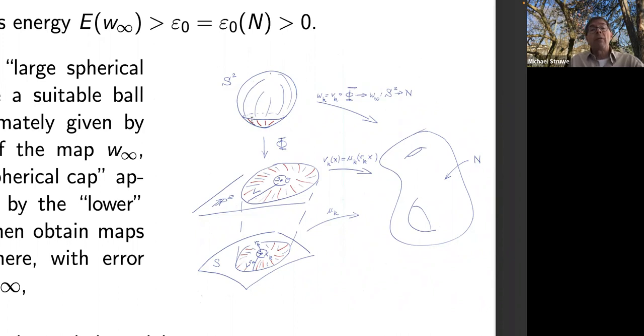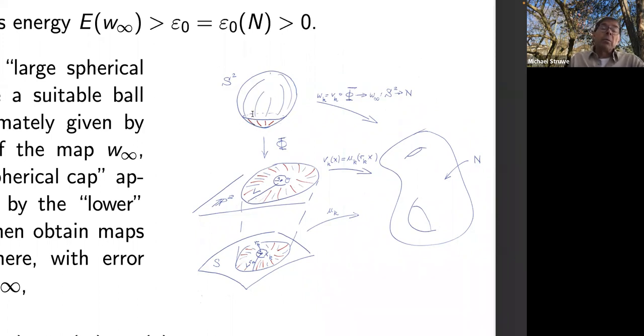So we now have this here as our domain of the map W infinity. And there is the blue part of the domain, which corresponds to the interior of the ball of radius L. And we replace the map W infinity on the blue part with W infinity on the red part.